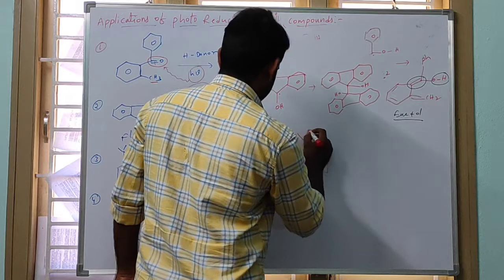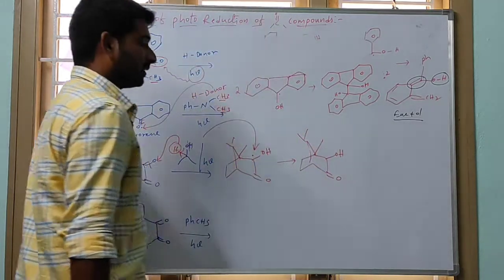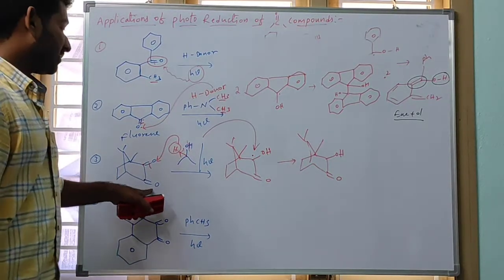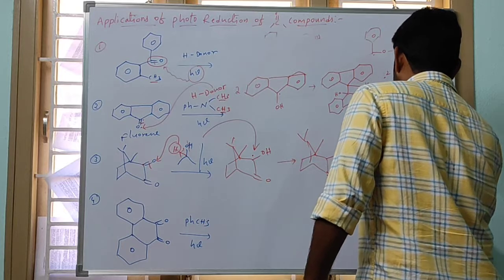This is a simple reduction: the carbonyl group is converted into alcohol. Similarly, the other carbonyl group undergoes the same, so we get a mixture of products.